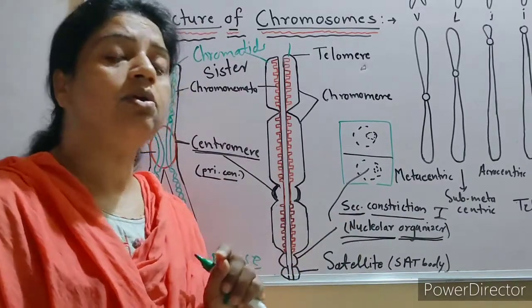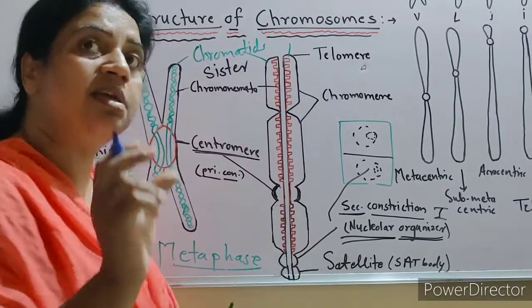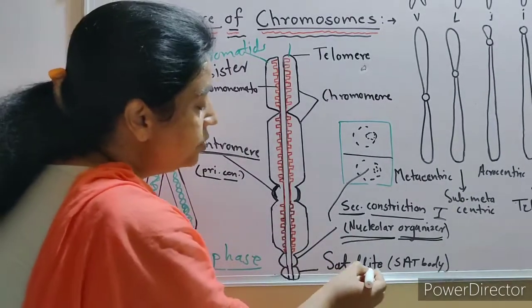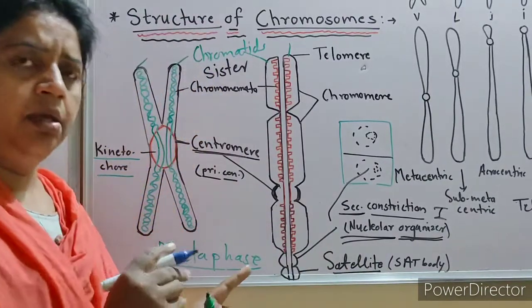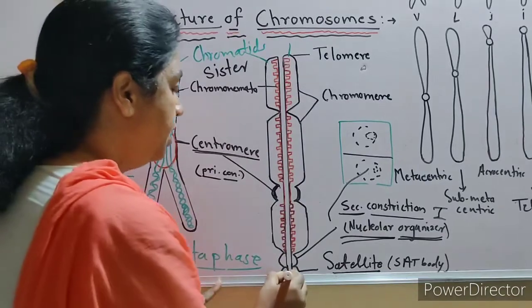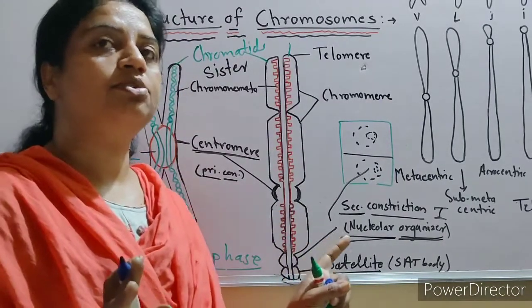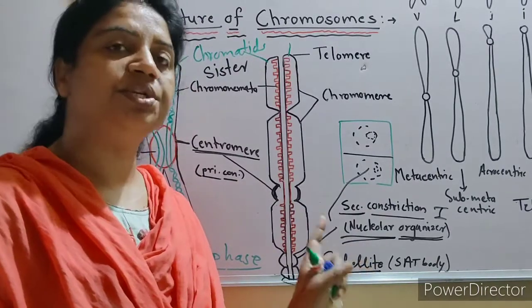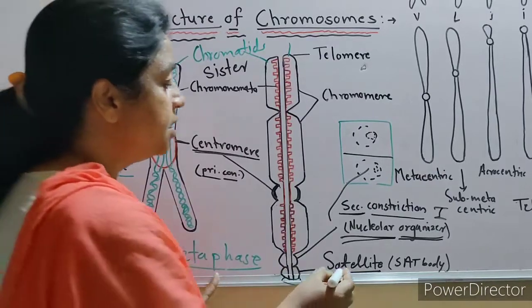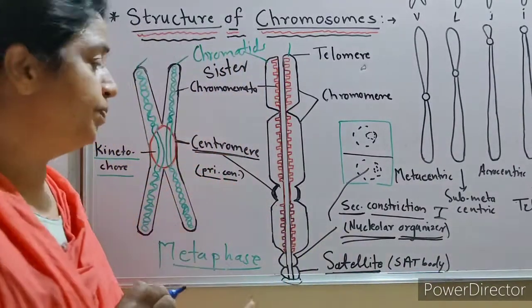In some chromosomes only, secondary constriction two is attached to a satellite. Only a few chromosomes have secondary constriction two; in other chromosomes there is no secondary constriction two. Here it is secondary constriction two, to which this satellite body or SAT body is attached.